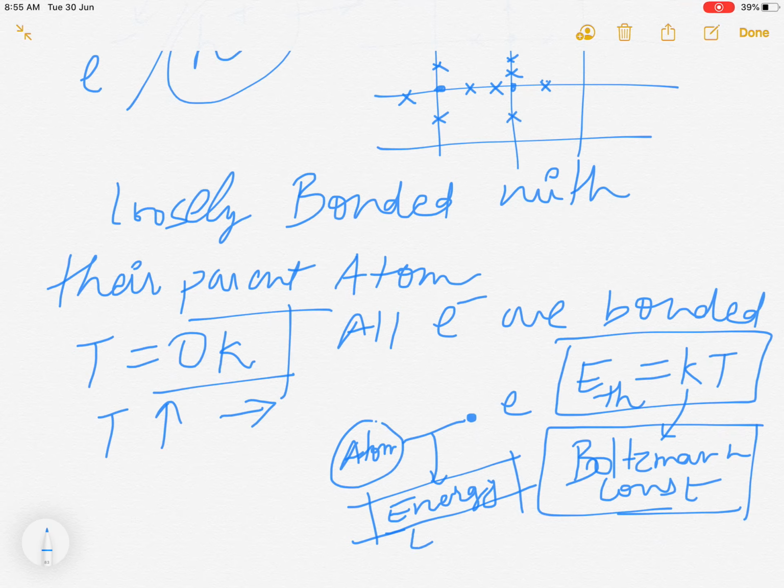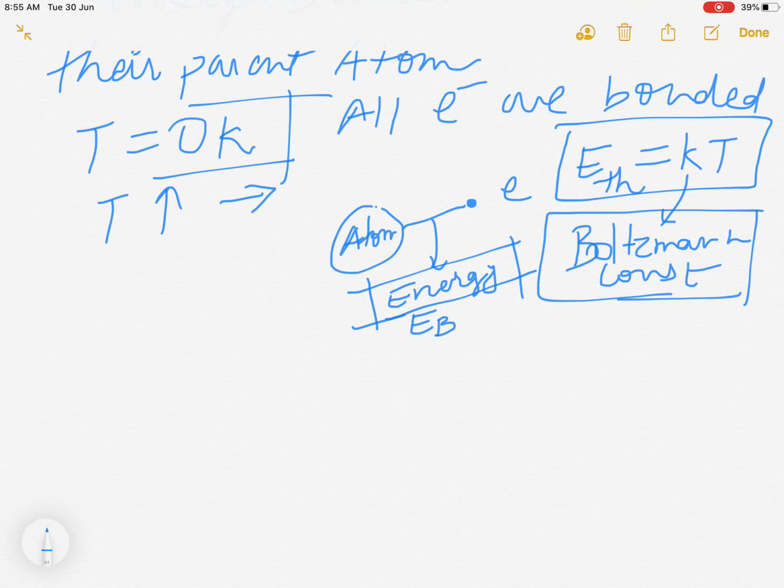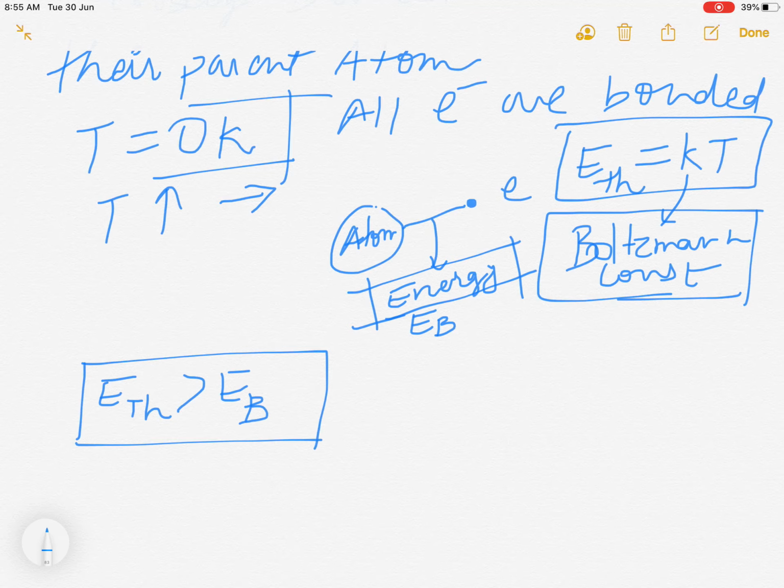Let's say the energy required to break the bond between the parent atom and its electron is E_B, the bond energy. So if E_TH is greater than E_B, then this bond will be broken. As soon as this bond is broken, the electron will be free from its parent atom. It can move freely.